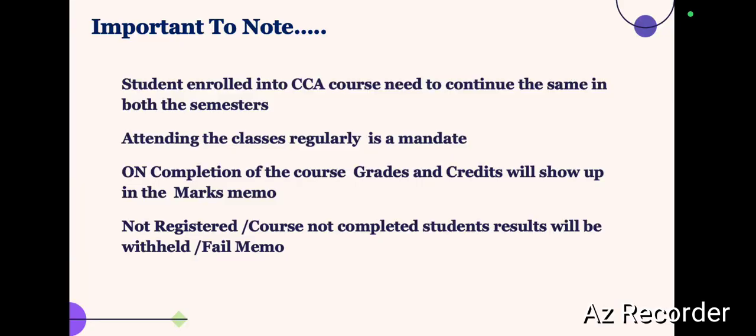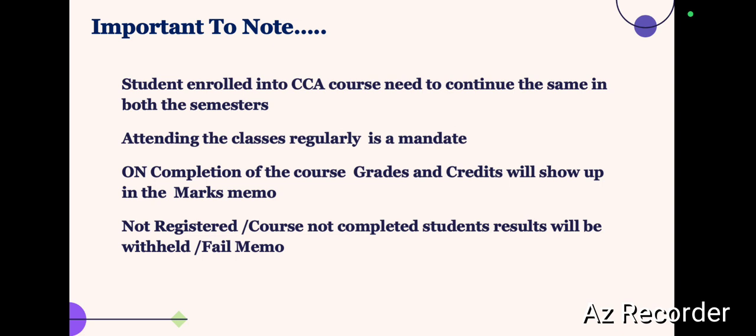Important to note that a student enrolled into a CCA course needs to continue the same in both the semesters. Attending the classes regularly is mandatory, and on completion of the course, the grades and credits will show up in the marks memo. For a student who does not register, or a student who registers but does not complete the course, the results will be withheld and their degree will be incomplete.